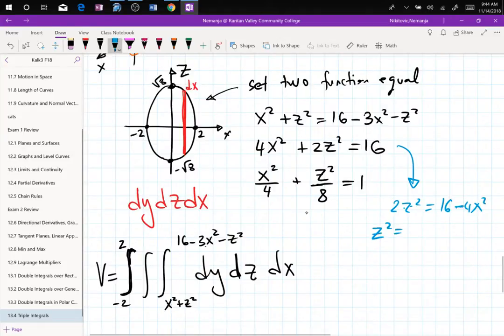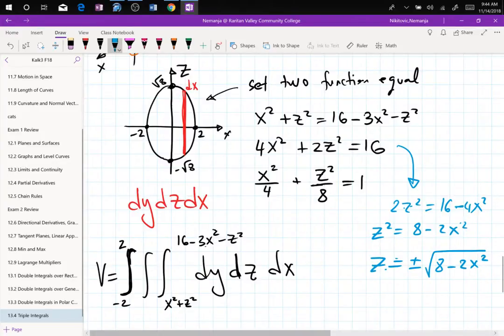Z squared is equal to 8 minus 2x squared. And then z equals plus or minus the square root of 8 minus 2x squared. So these are your limits. The lower one is negative square root of 8 minus 2x squared, and the top one is positive square root of 8 minus 2x squared.